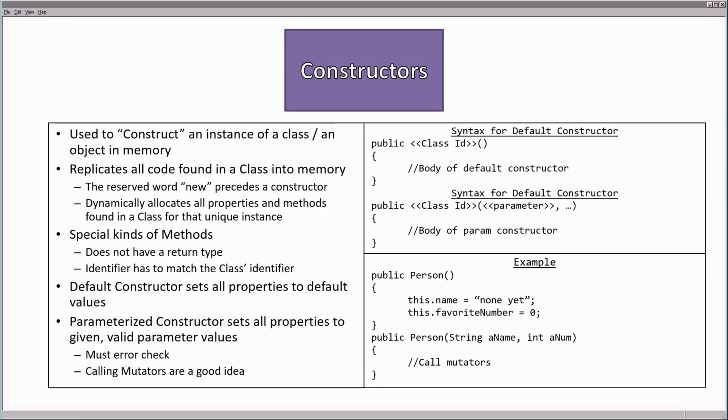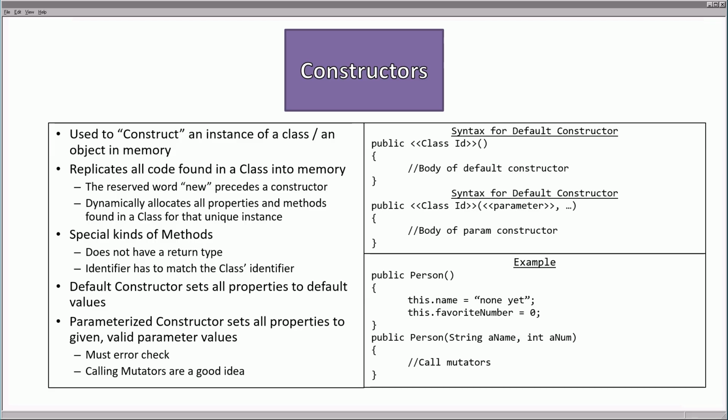Next, constructors. Constructors are used to construct an instance of a class, an object, in memory. Constructors allow us to replicate the code found inside the class. Using the reserved word new before a constructor, what this does is replicate.